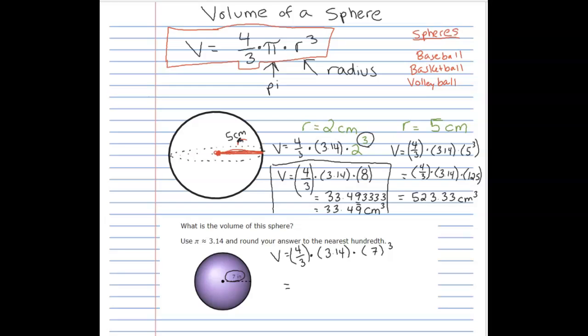Again, use those parentheses, and you should be able to get your answer right then and there. 4 over 3 times 3.14 times 7 to the third, in parentheses. Wow. I don't know about you guys, but this is what I got: 0.266667. That's a big number. Let's bring this down.